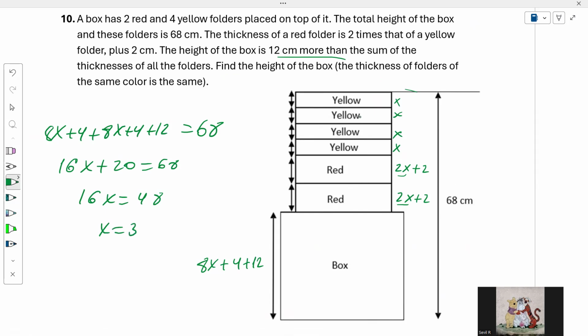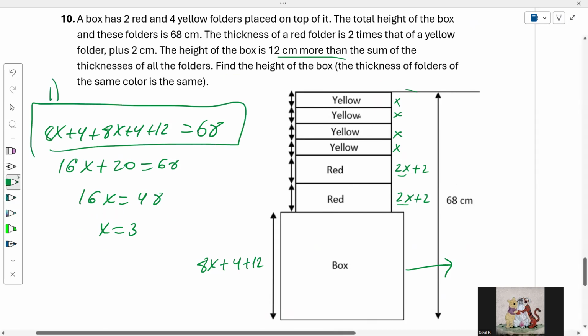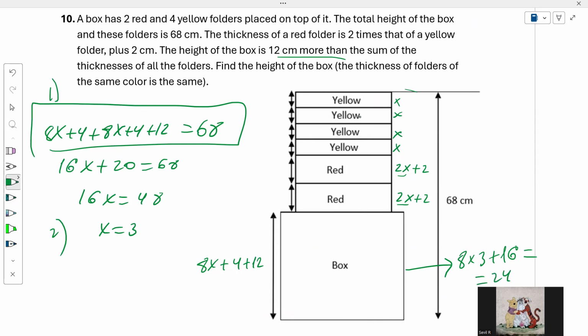This is x, guys. For this, having the equation gives you credit. The second part is solving the equation, and the third part is finding what's asked. 8 times 3 plus 4 plus 12, 16 is 24 plus 16 is 40, right?